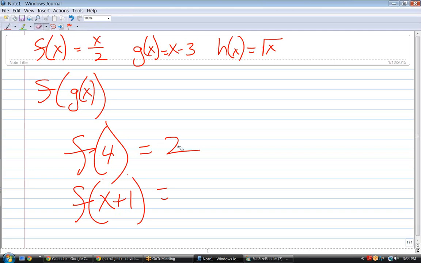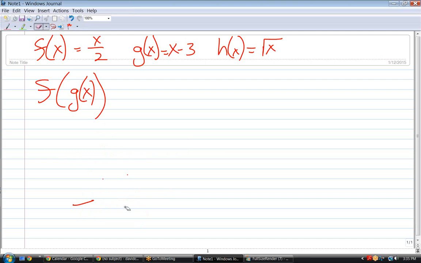So what does f of g of x mean? It means you plug in x for the equation of g, and what you get for that, you plug into the equation of f. Well, when I say g of x is x minus 3, what I'm really saying is, what is f of x minus 3?